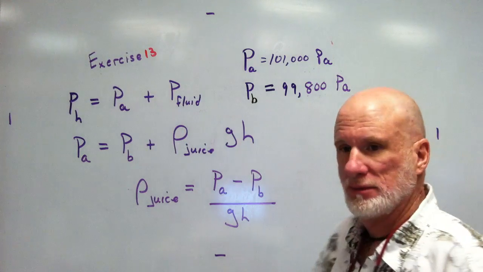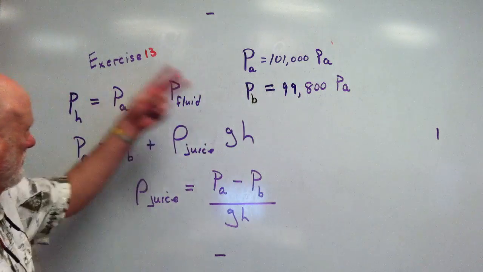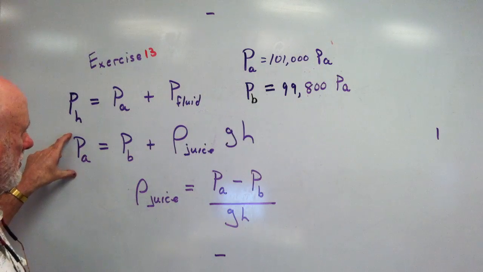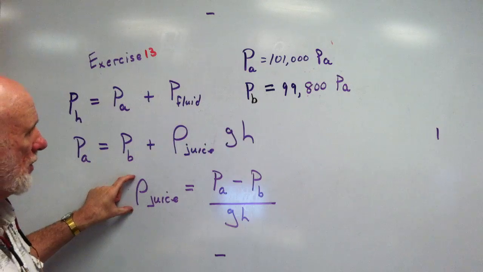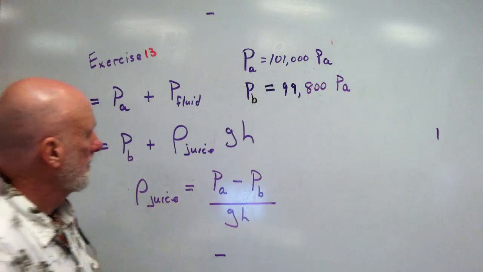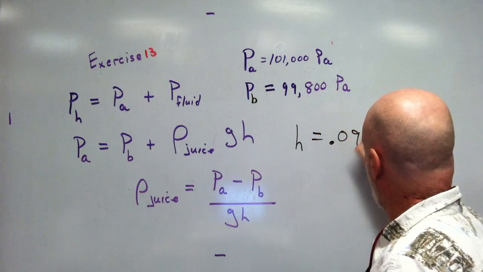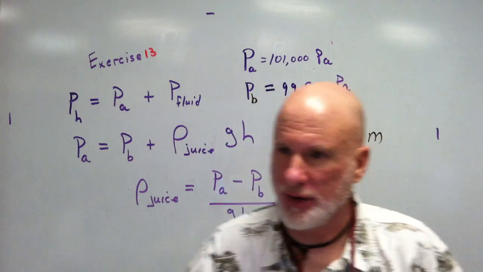Okay? Try to plug in, see how you can do. Take a look at that. That's the general equation. This is what we changed it to. This is the new equation. Here's your data. Plug in. H is 0.09 meters and g is 10. All right? See if you can do it. See what you come up with.